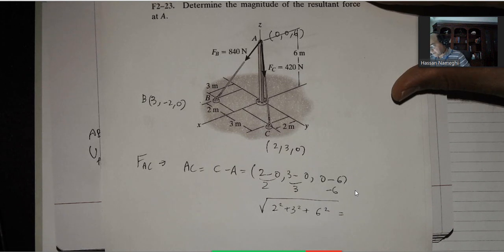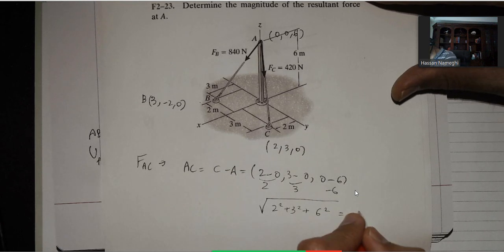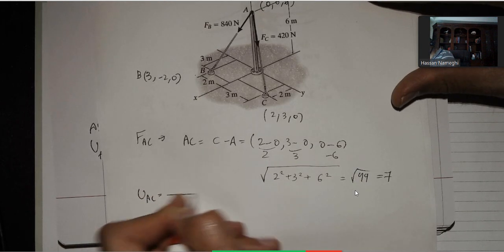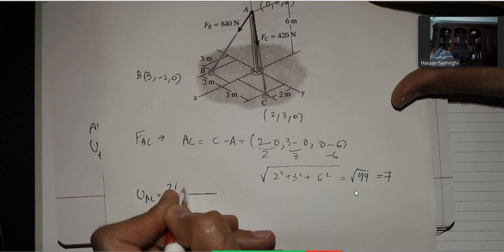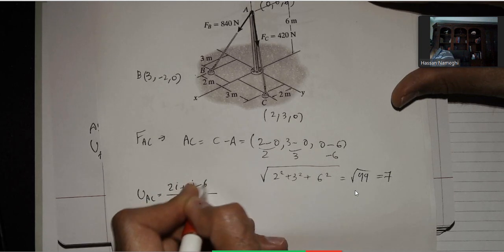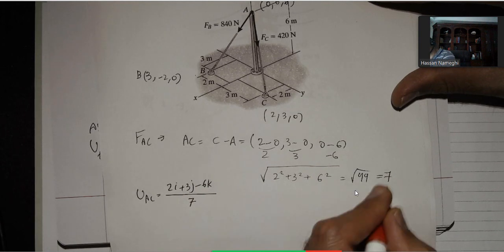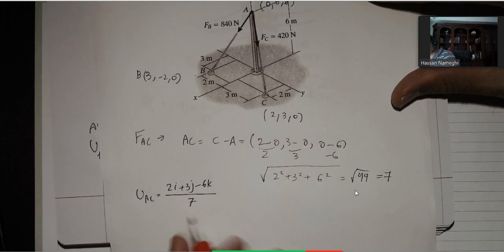So I have 36 plus 9 plus 4. It becomes 49. And the root of 49 is simply 7. So we can find UAC is going to be 2I plus 3J minus 6K over 7, right? This 7 is coming from there. That's the root of it.